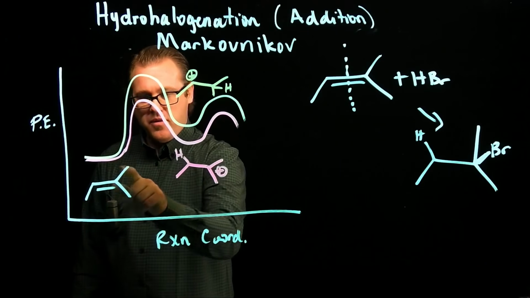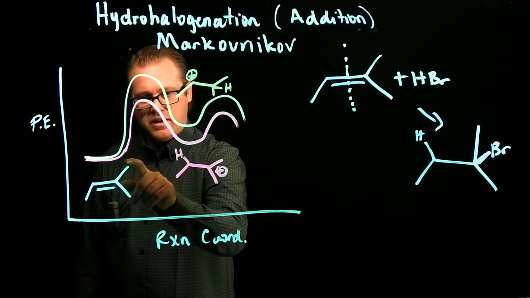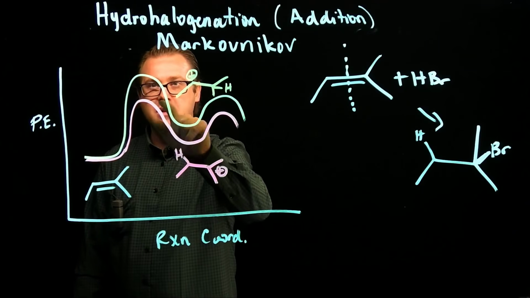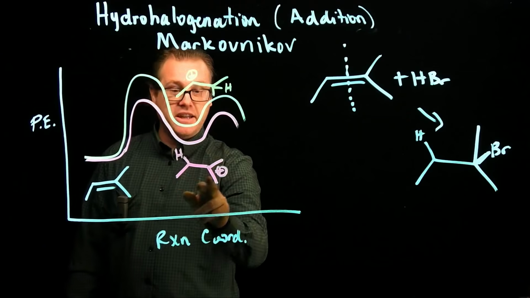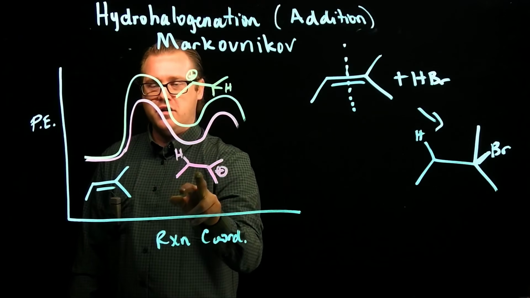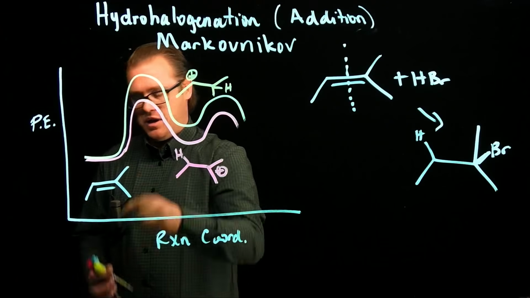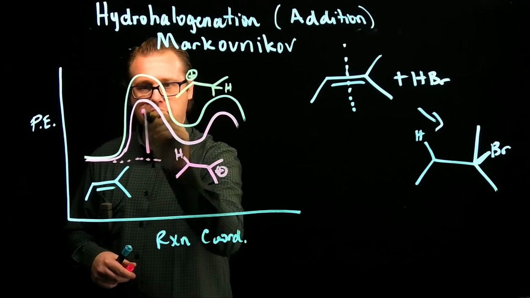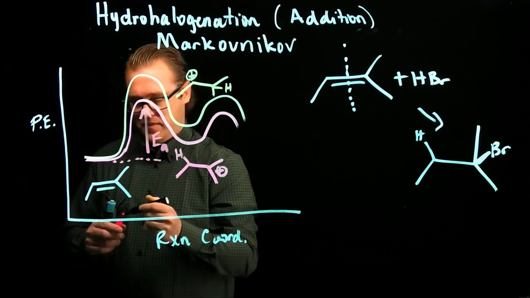To go from the alkene to this tertiary carbocation is a smaller hill to climb. So it's easier to get to the tertiary carbocation just due to the energy of activation right here. So that's the energy of activation, right?